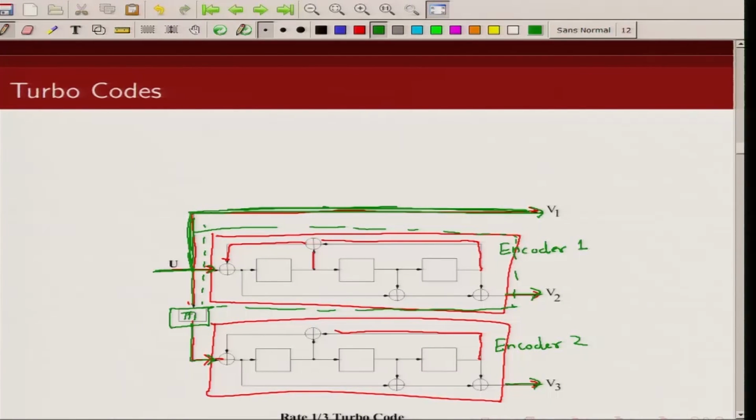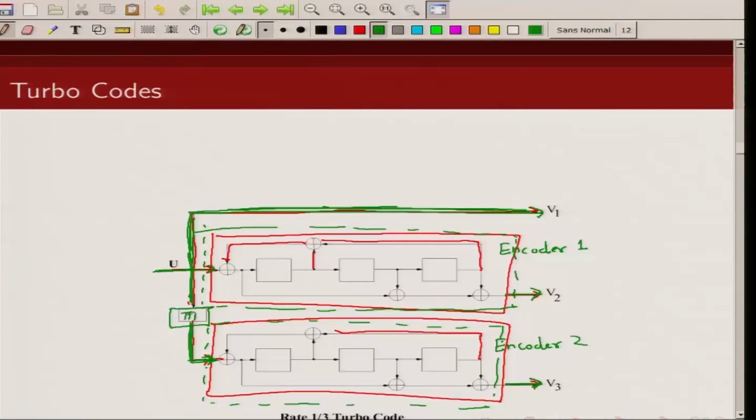Now, the interleaved information sequence is coming here, and this encoder 2 generates this parity bit.